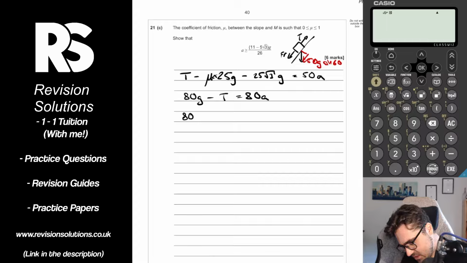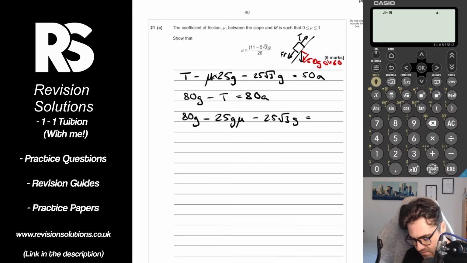We'd have 80g minus 25g times mu minus 25 root 3 g would equal 80 plus 50, which is 130a. And we can divide everything here by 5, actually. So let's go ahead and do that.